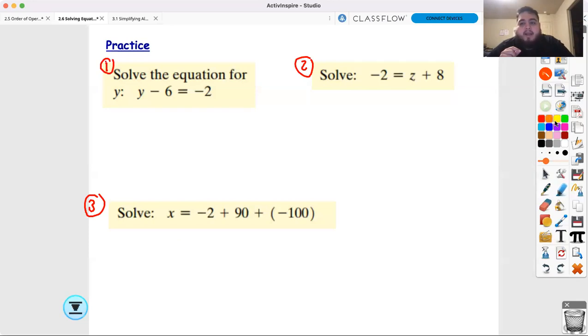We have to get rid of that plus negative. So what do we know about plus negative? That becomes what kind of operation, Nick? Is it an adding problem or subtracting when we simplify the plus negative? There you go. So it becomes a subtracting problem. So it's minus 100, and bring down everything else, Nick.